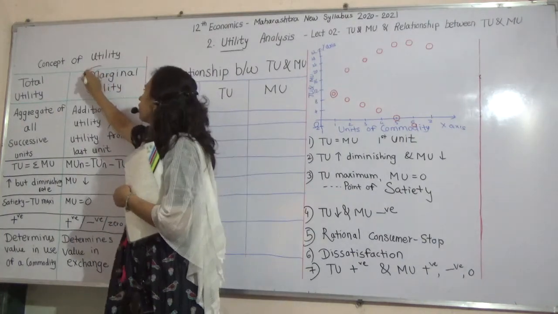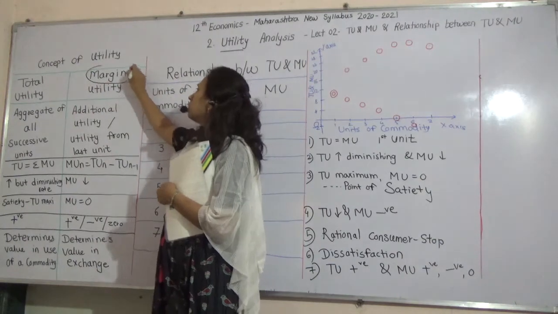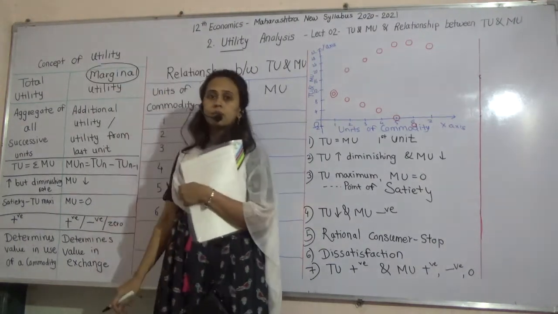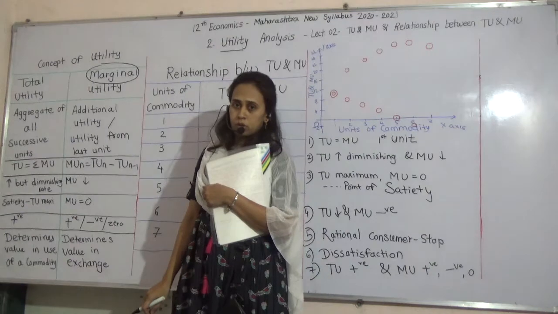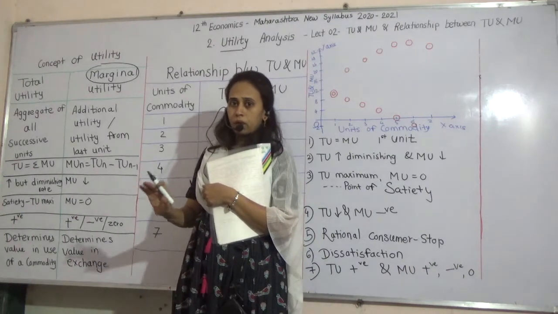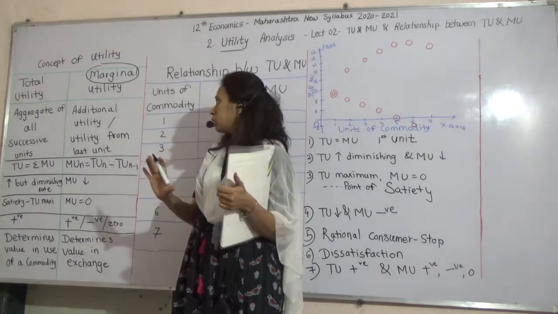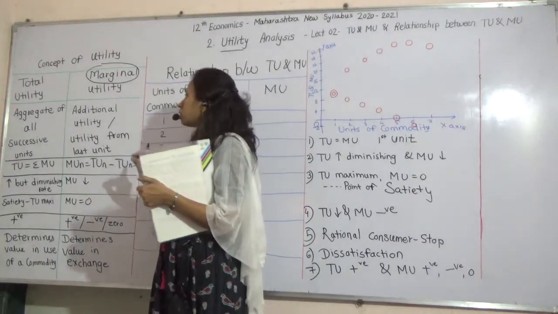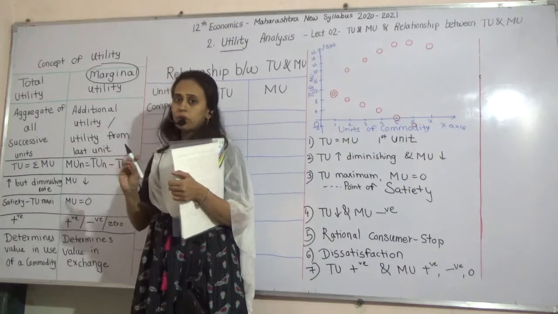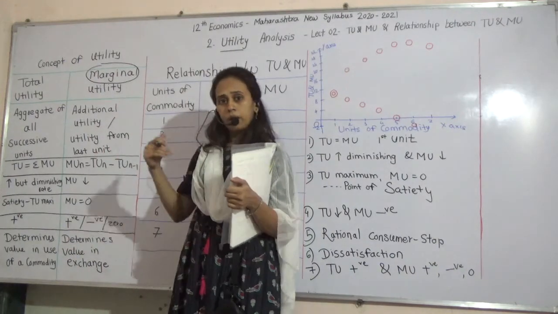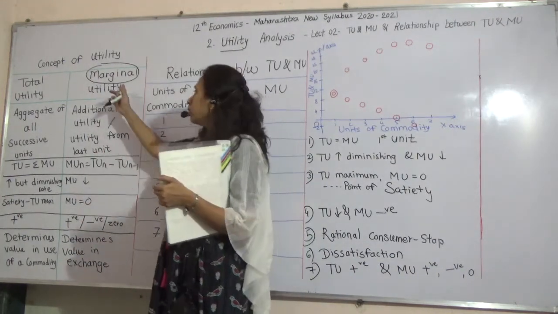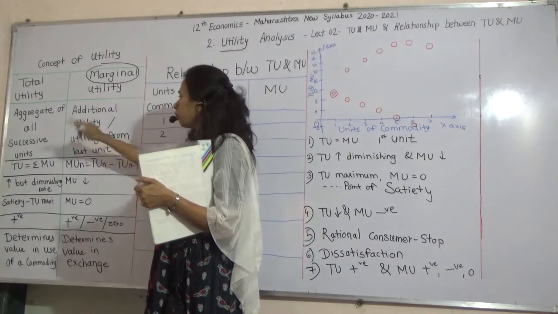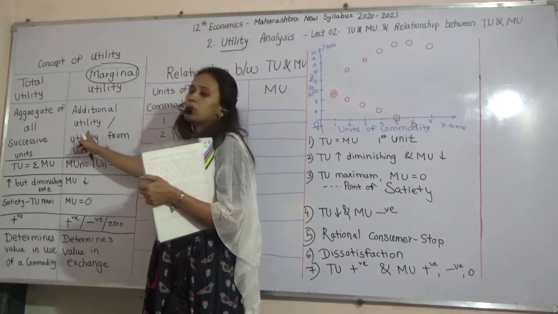See students, whenever the word marginal comes, marginal means last unit. Suppose I have eaten 10 mangoes. If I ask you what is the marginal utility of the last unit, my last unit is the 10th one. So MU is the last unit, or we can say the additional unit.